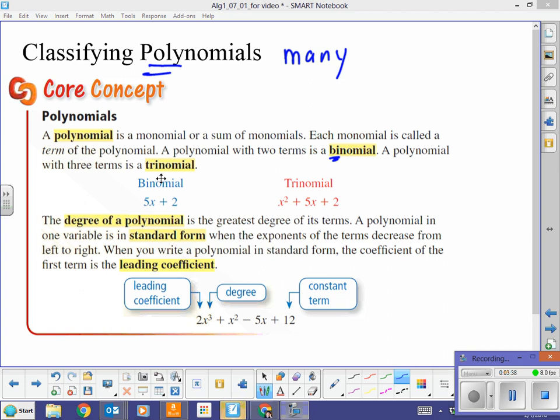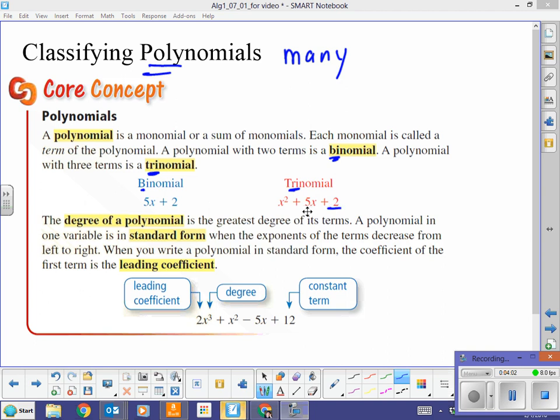And a polynomial of 3 terms we call a trinomial. So things like tricycles and triangles. Tri meaning 3, bi meaning 2, like bifocals, glasses that have 2 sets of lenses in them. Binomial. Okay, so binomials would be 5x plus 2. Trinomials would be like x squared plus 5x plus 2.